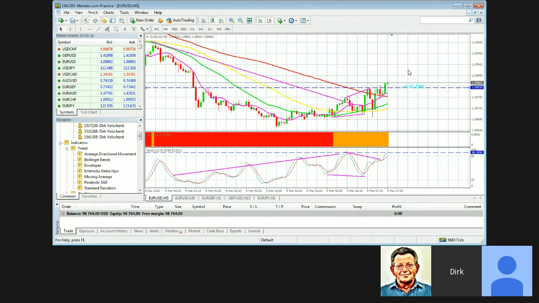The key trick in building systems or strategies is being able to identify where the weak points are within your system. To do that, you need to be able to backtest.